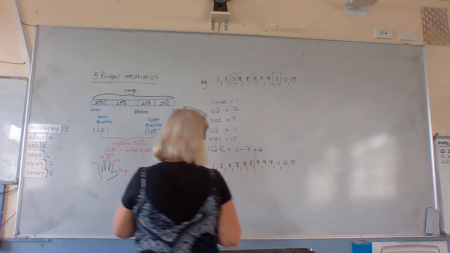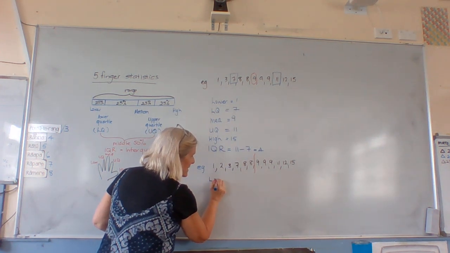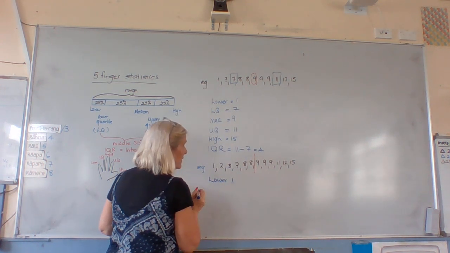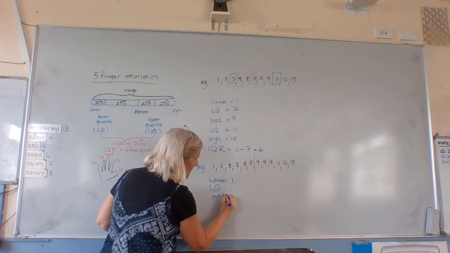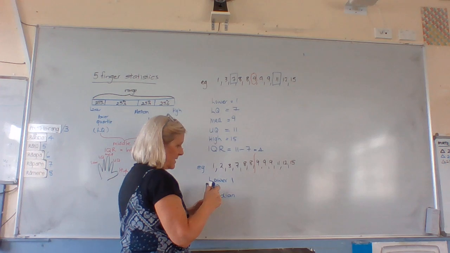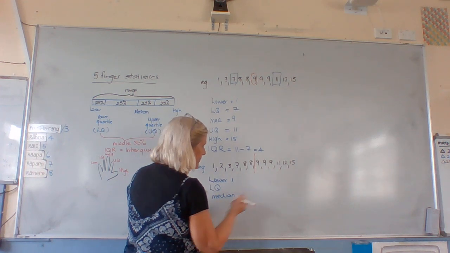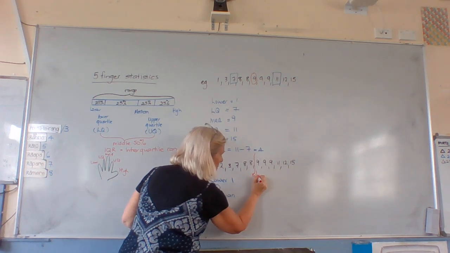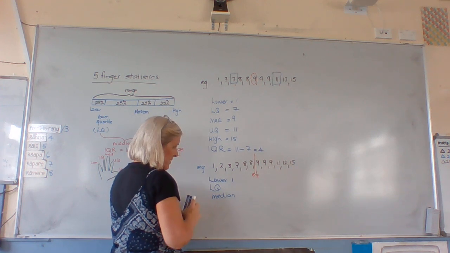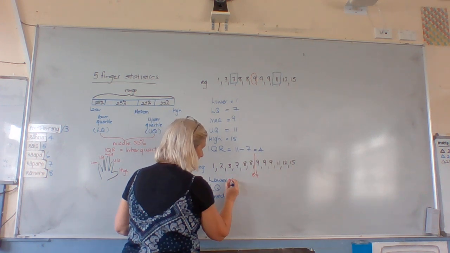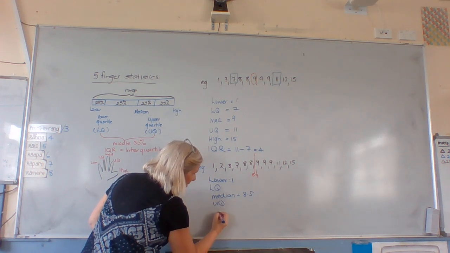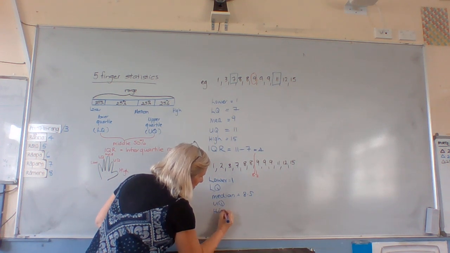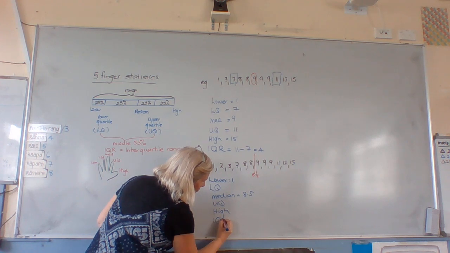All right, so the lower is still 1. The lower quartile we haven't done. The median this time is halfway in between, 8.5. The upper quartile, the highest, and the interquartile range.